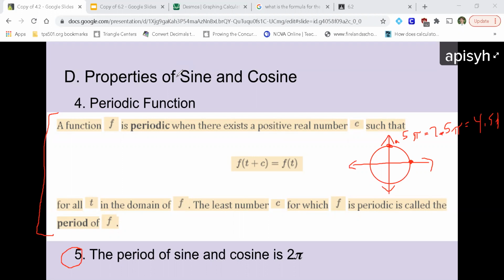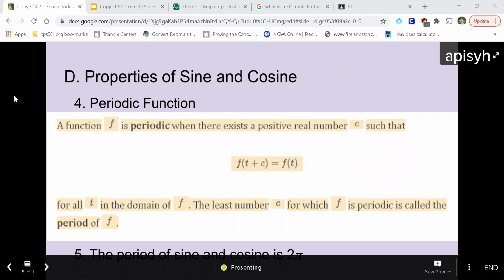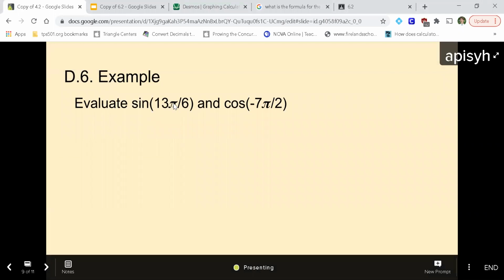Every time I've added 2 pi, I end up right back at this same spot, which means I have the exact same y value every single time. Does that make sense? Are there any questions about that? Okay. So once you have those 4 properties down, you can use them to help solve problems.